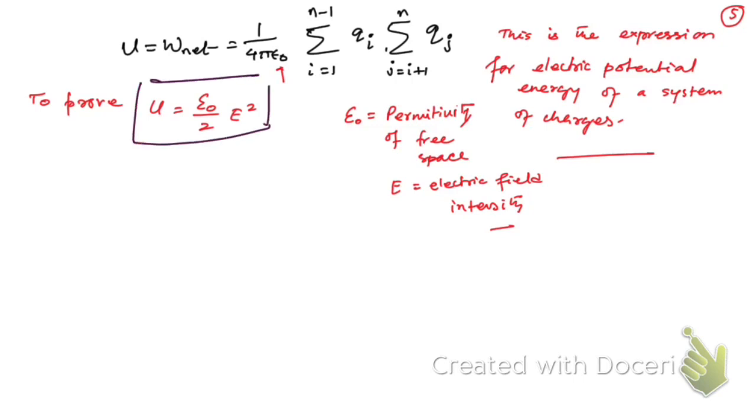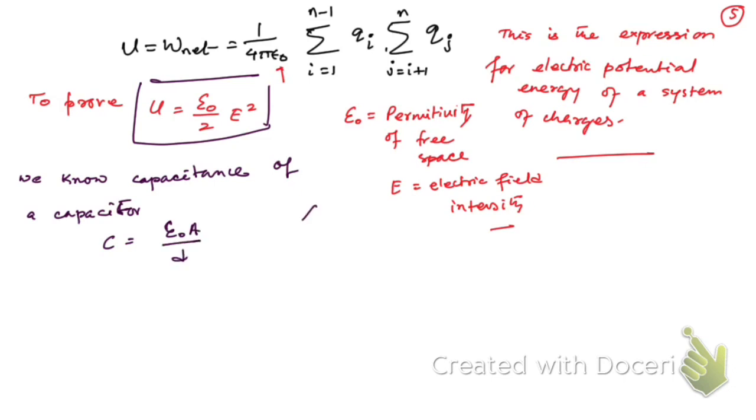How to prove this? We know that the capacitance of a capacitor is given by C is equal to epsilon naught A by D. So what is A and what is D here?